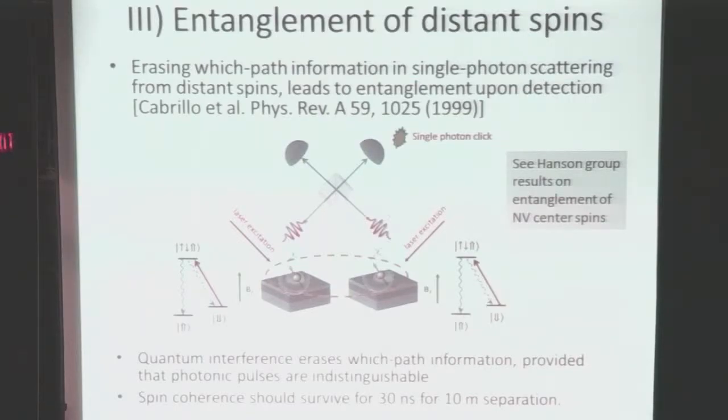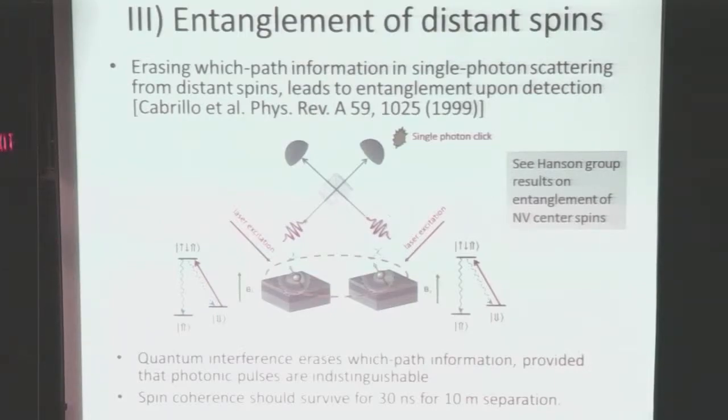So the idea is this: you have two spins in two different cryostats, two different quantum dots. You prepare them, say, both in a spin-down state, and then apply a weak pulse. Weak meaning that the light scattering induced by this laser has a very small probability, say less than 10% chance that a photon will be scattered.